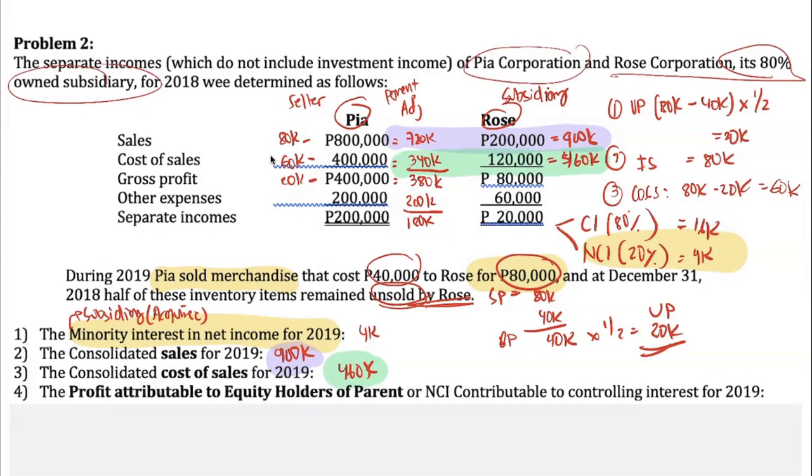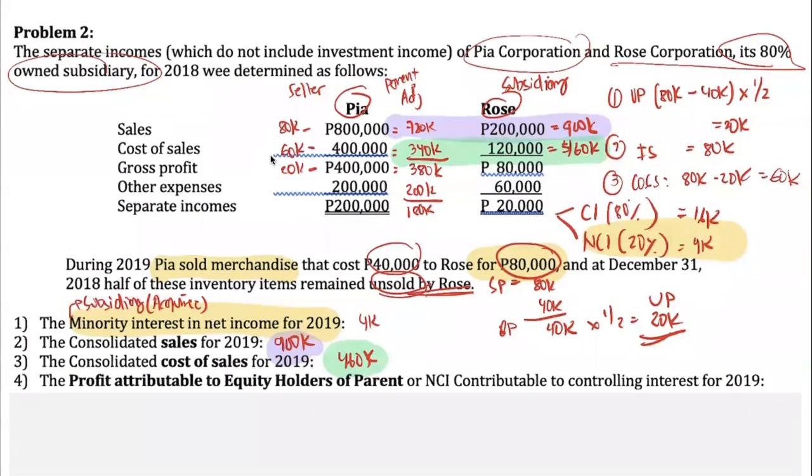And then lastly, the profit attributable to equity holders of parent, or the net consolidated income attributable to your controlling interest. Okay, so for this one, to compute for this, you need to get for the adjusted income of parent plus share in net income of subsidiary.